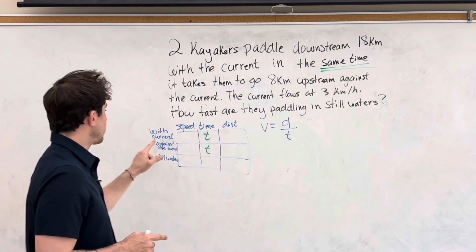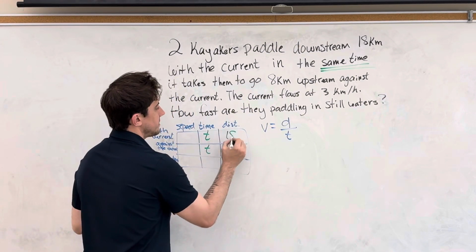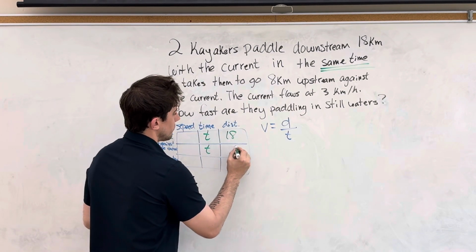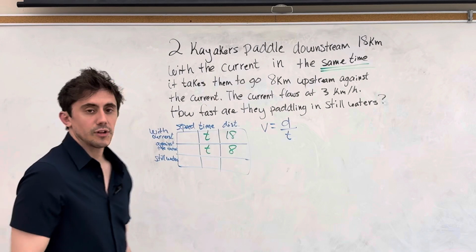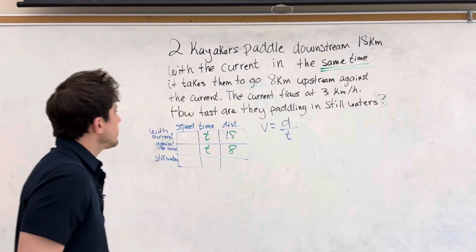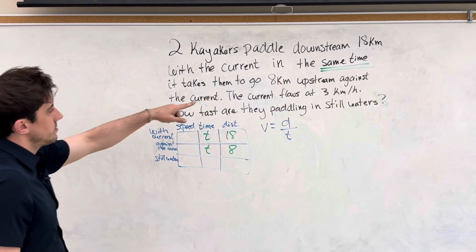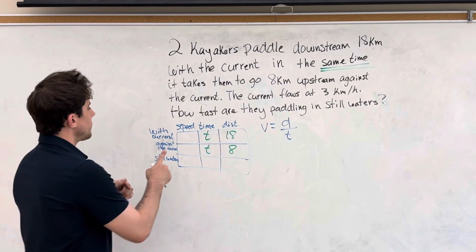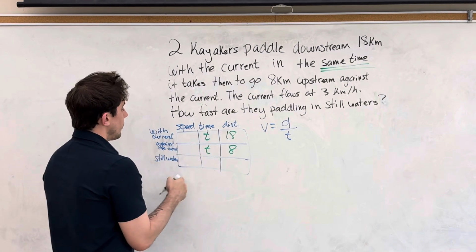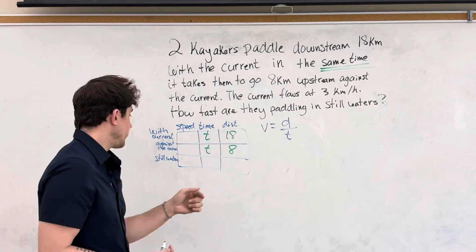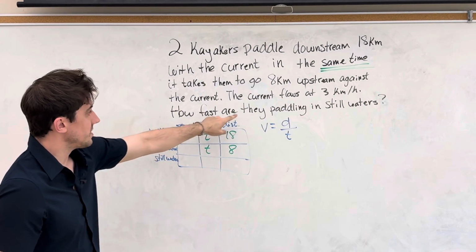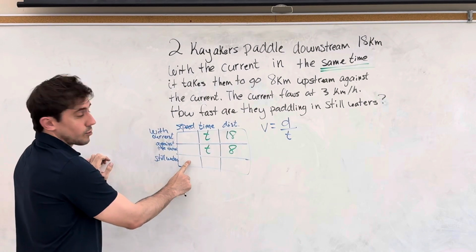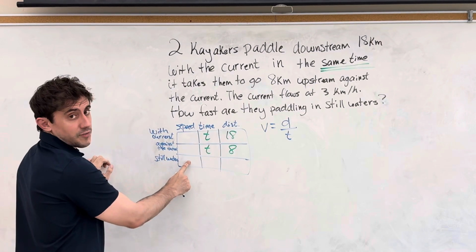Now, the distance when they're going with the current is going to be 18 kilometers. And the distance that they travel against the current, because they're going slower, is only 8 kilometers. And the current flows at 3 kilometers an hour. First of all, let's figure out what we want to find. What we're looking for is how fast they're paddling in still waters. So we want to know their speed in still waters. We're looking for this value down here.